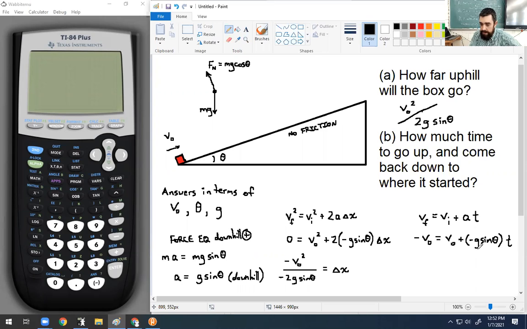So this will work. What I'm going to do is take the g sine theta and the t, that term, move it to the left side so it would become positive. I'm going to move the v initial negative term to the right side. And what I get is, on the left side, g sine theta times t equals 2v0.